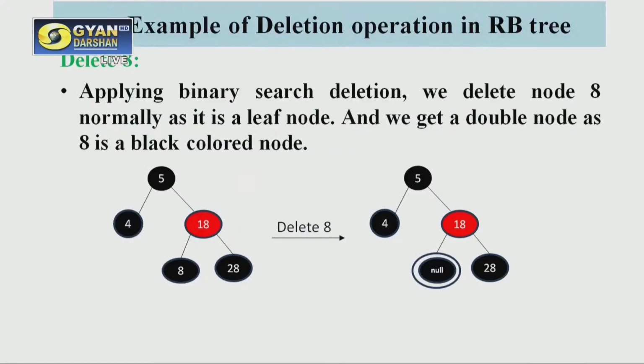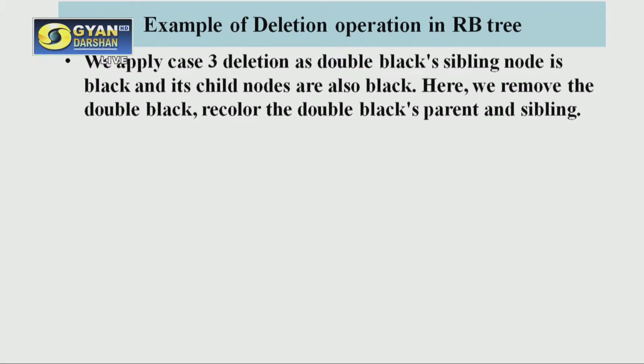In this case, we can see that after deleting 8, we get a double black shown on the right side of the tree. So we apply case 3 deletion, as the double black's sibling node is black and its children are also black. So we remove the double black and recolor the double black's parent and sibling.